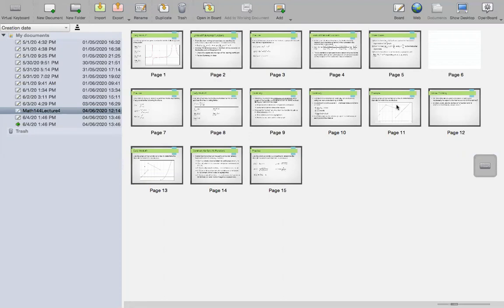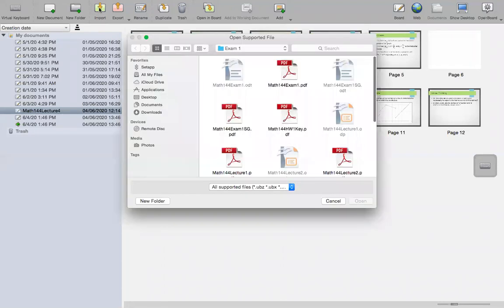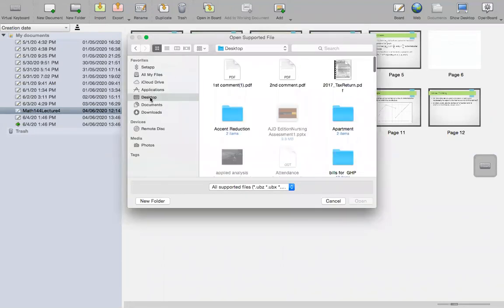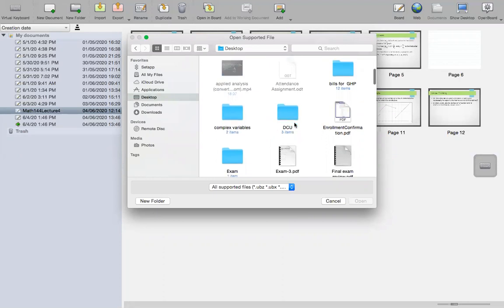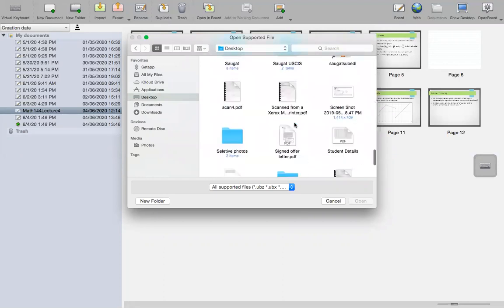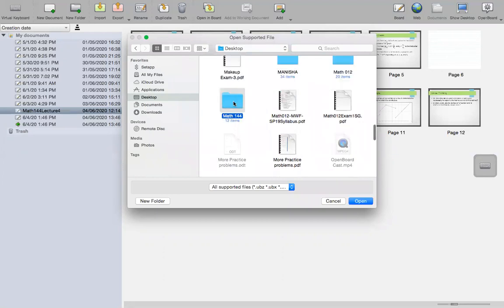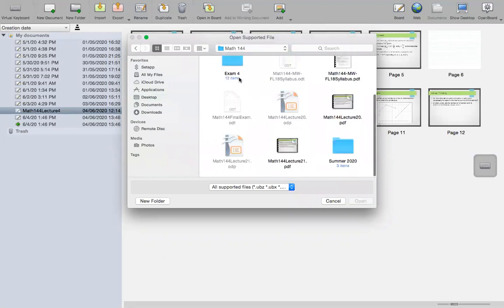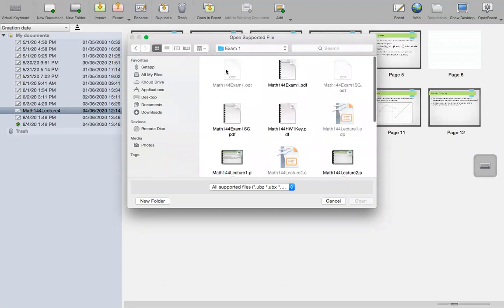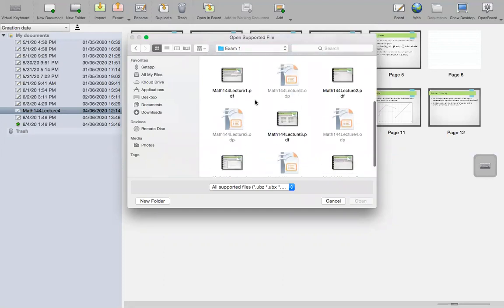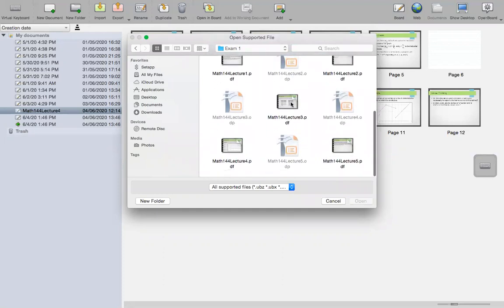Actually, I was trying to import something else. Okay, let's look at the desktop. Okay, let's look at this.